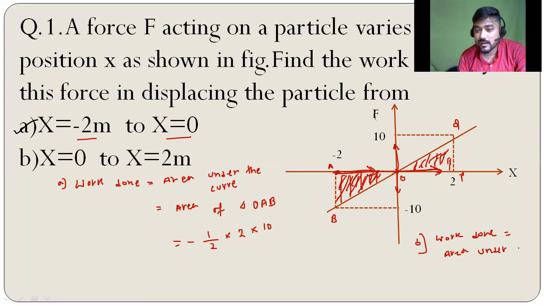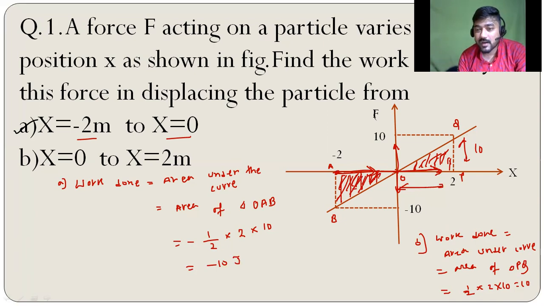That means area under curve, and that means nothing but the area of the triangle OPQ, and that will also have the same magnitude. That is half into 2 into 10, because again base is 2 and height is 10. So area of the triangle is half into base into height, so it will be half into 2 into 10. That will be 10. And that will also be 10, but this will be -10.